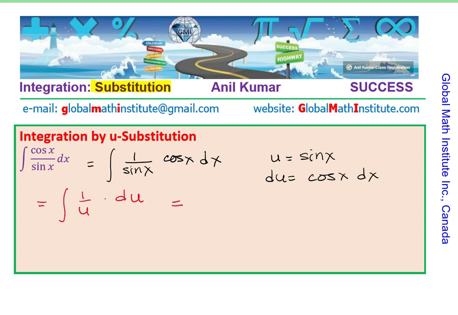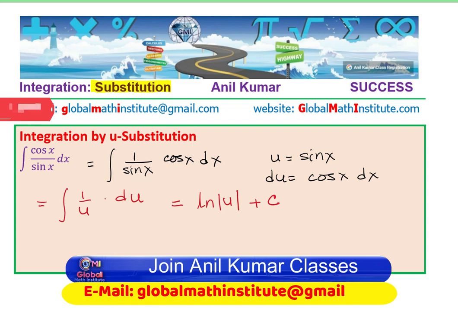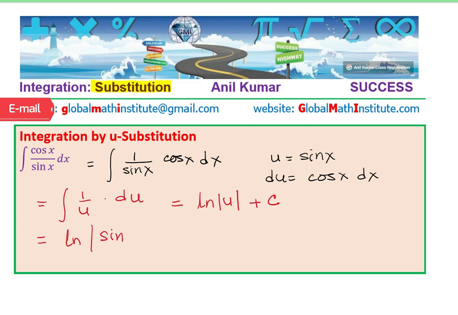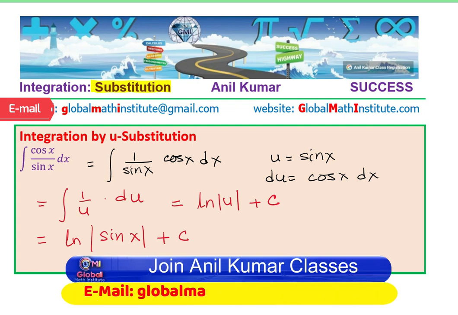And clearly this integral is ln, and whenever you do ln, u has to be positive, correct? Plus constant c, since every constant will have derivative as 0. So it's a family of curves which we're looking at. Getting back to our main variable, ln of u, and u is sin x. So the absolute value of sin x plus c becomes the integral for this particular question.